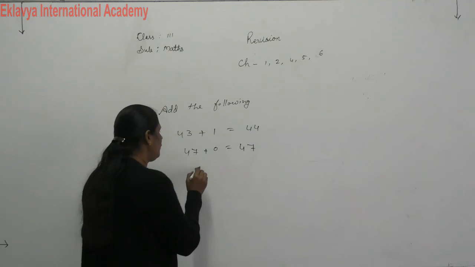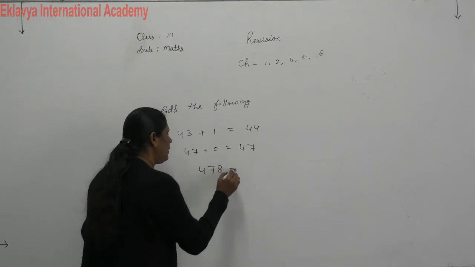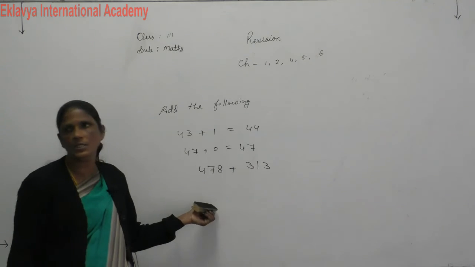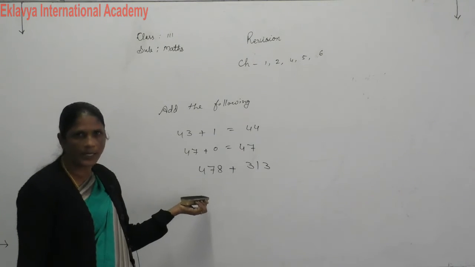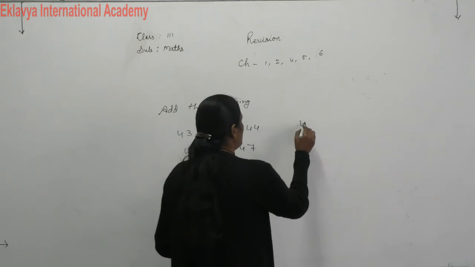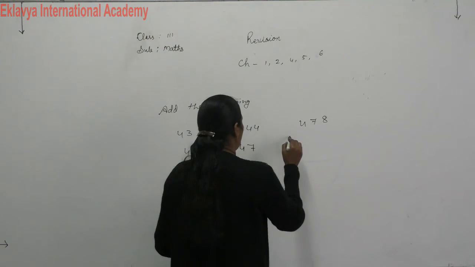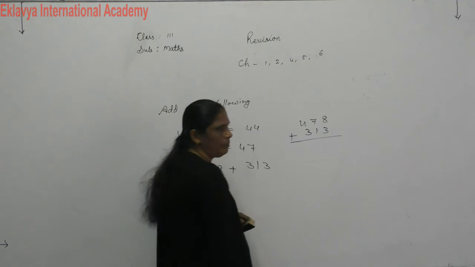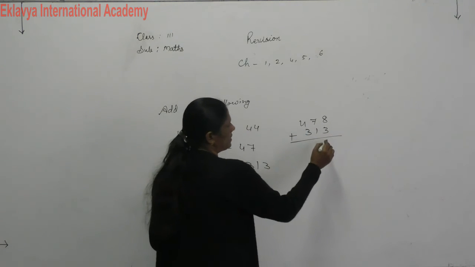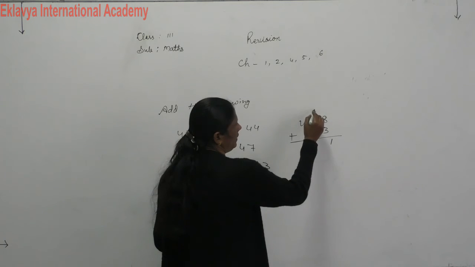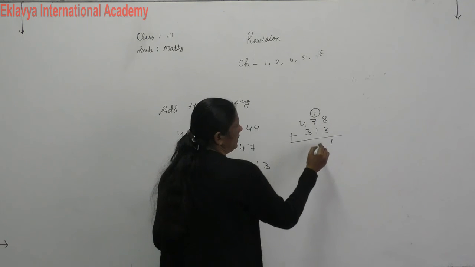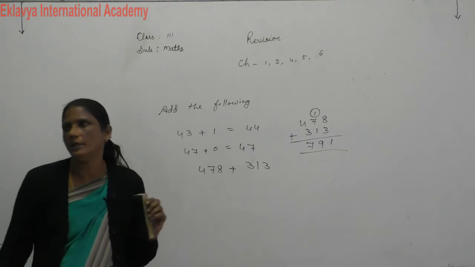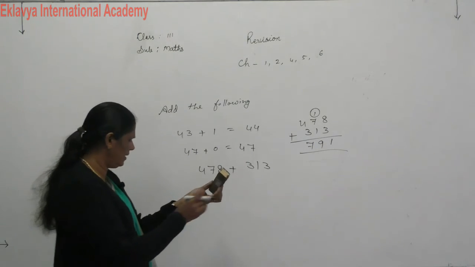You add this: 478 plus 313. First you arrange this number. Then add this number. Then 8 plus 3, 11, carrying 1, 8, 9, then 7. What is our answer? 791.